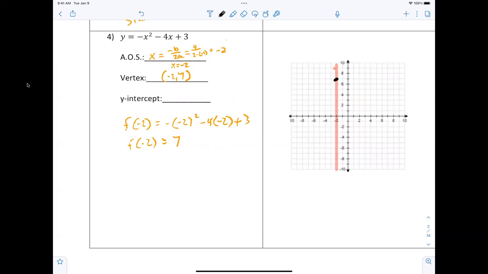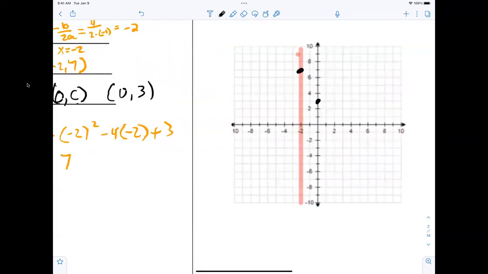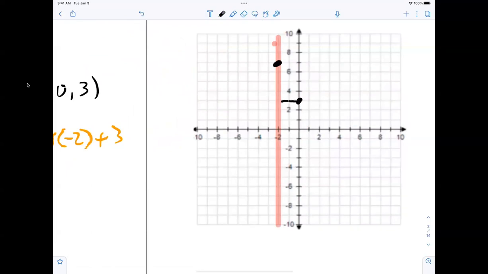Do you remember what the y-intercept was? It was 0, c. The y-intercept is 0, c. So in this case, the y-intercept is, thank you, 0, 3. Everybody graph 0, 3. How far away am I from the axis of symmetry? I'm 2 units away, right? That means I have to go 2 units on the other side.